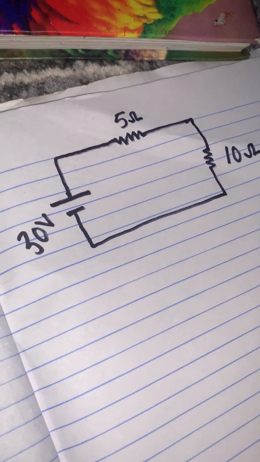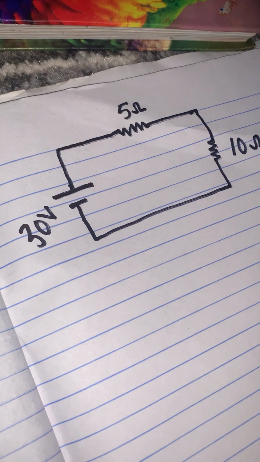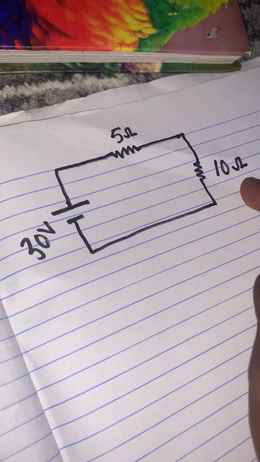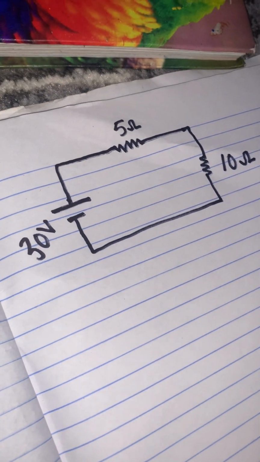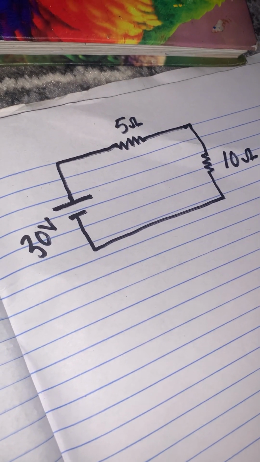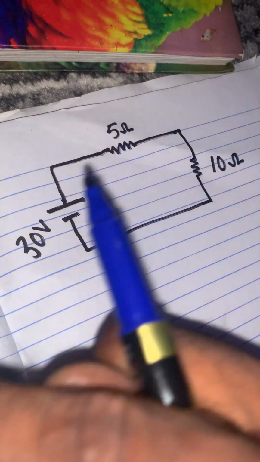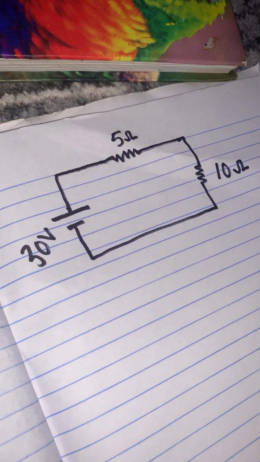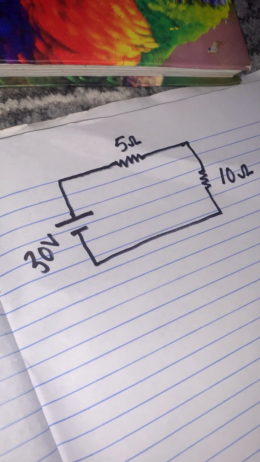The process here is, obviously, sometimes circuits are given without any sign convention. So the first step is, keep in mind always that current flows from the positive terminal to the negative terminal of a given battery.